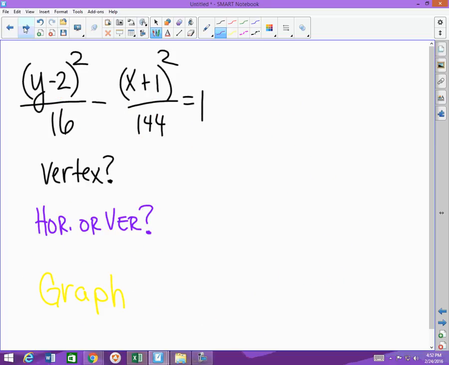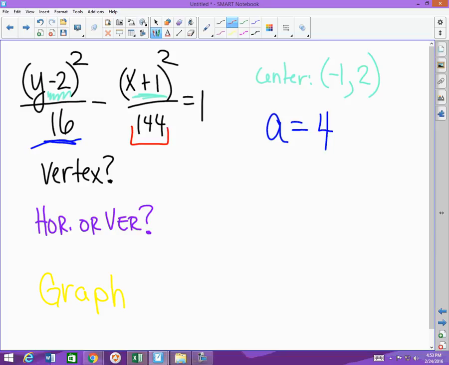Here, then, it asks you to find all of these different things. First off, because it's x plus 1, your center is at negative 1, comma, and since it's y minus 2, it's negative 1, comma 2. Now in this case, the value of a is equal to the square root of that number, so a is 4.